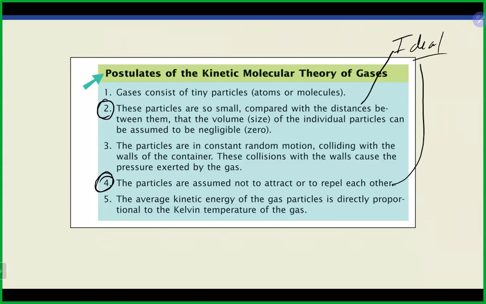But with really high pressures, you will have super small volumes, which means the volume of the gas molecules themselves becomes important compared to the container size. And with a lower temperature, things move a lot slower, which means gas molecules will be near each other for a longer period of time, and they're bound to interact with each other. Under those conditions, those are what are known as real gases or non-ideal gases.